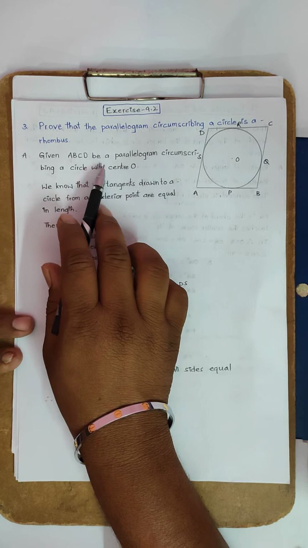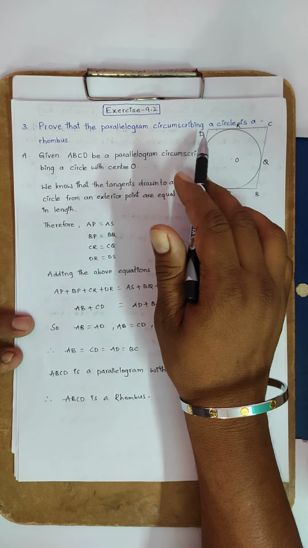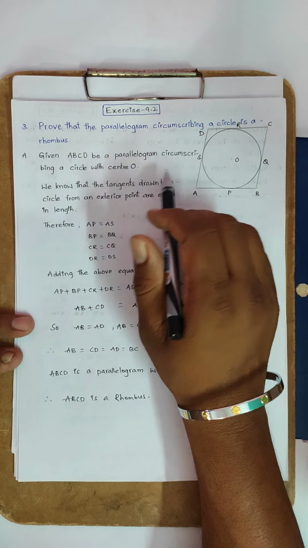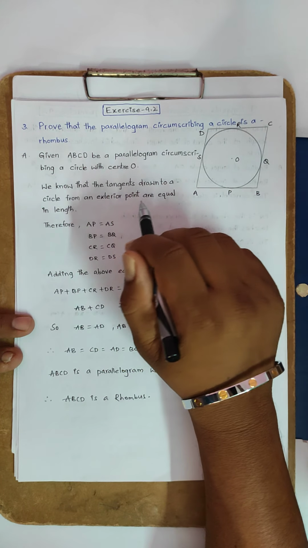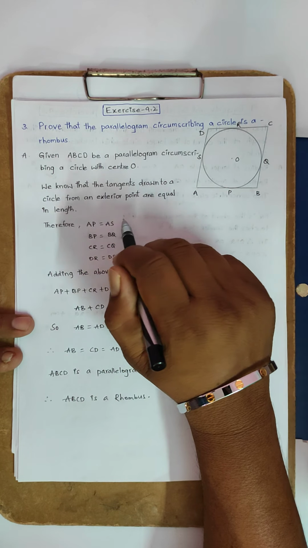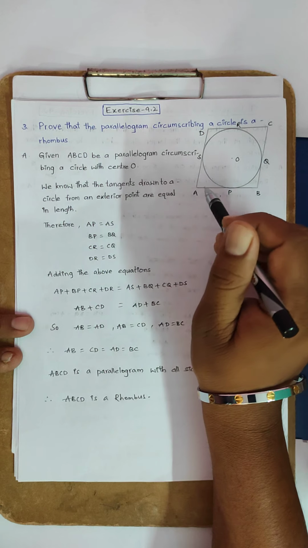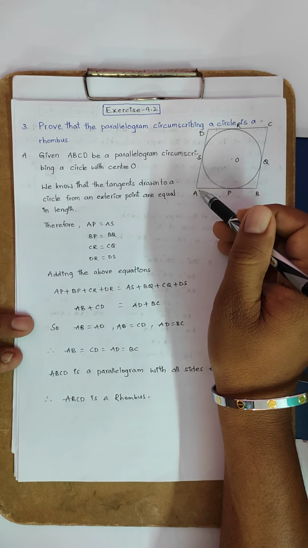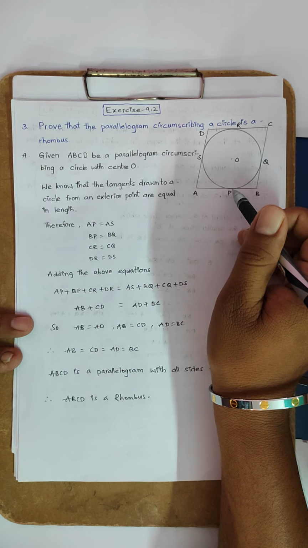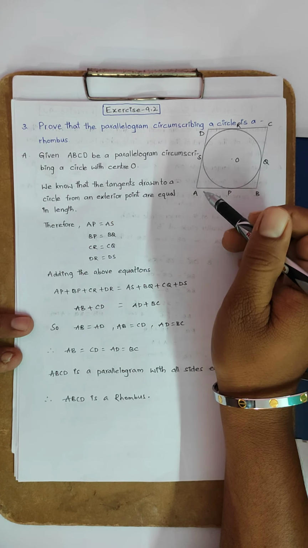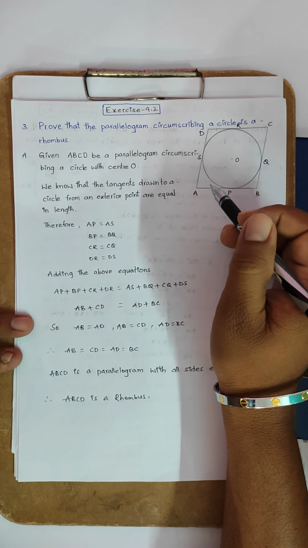Given ABCD is a parallelogram circumscribing a circle with center O. We know that the tangents drawn to a circle from an exterior point are equal in length. This is the theorem. From an external point, we can draw 2 tangents to a circle, and these 2 tangents are the same in length.